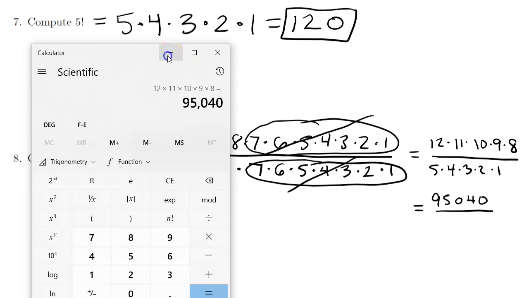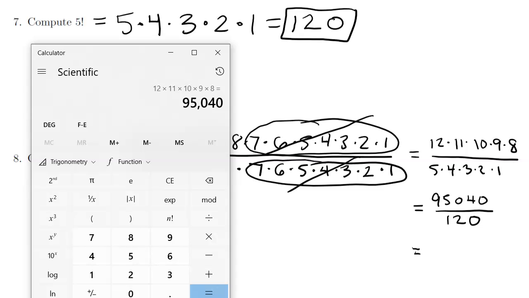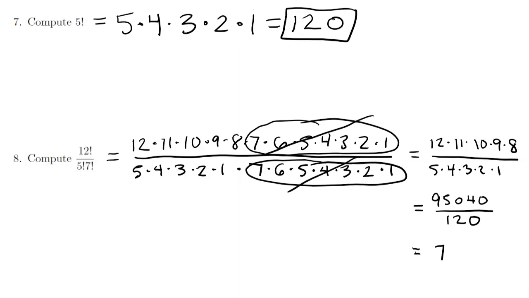And then the bottom, 5 times 4 times 3 times 2 times 1. Well, we did that up above already, so I'm just going to write it down and not type it in the calculator again. And then we'll do the division last. So then we have that 95,040, which I actually still have in the calculator. So then I'll just do divided by 120. So my final answer is 792.